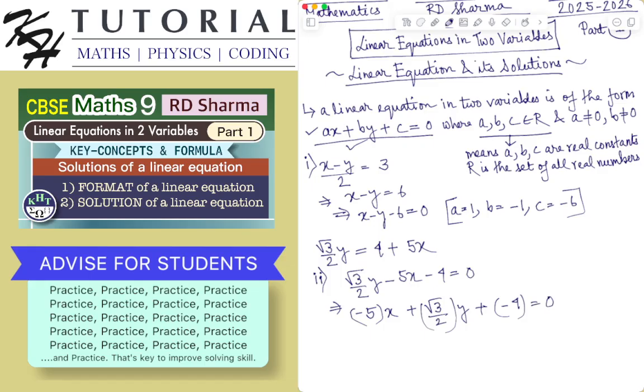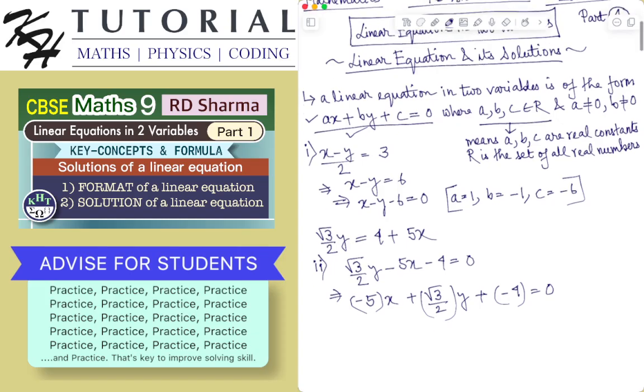So now we see this is in the format of ax plus by plus c equals 0, where obviously a is equal to minus 5, b is equal to root 3 by 2, and c is equal to minus 4.